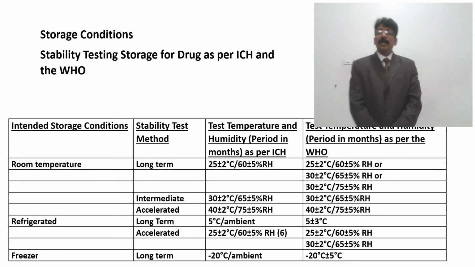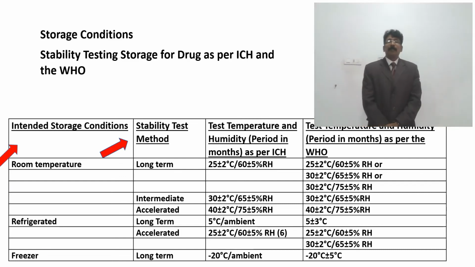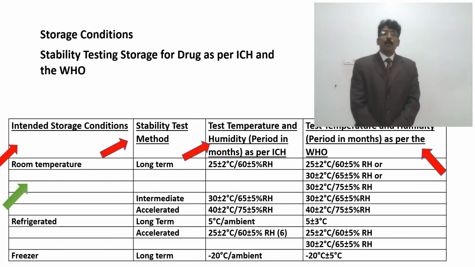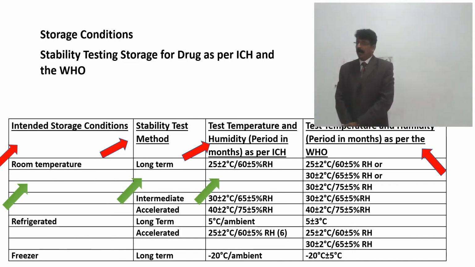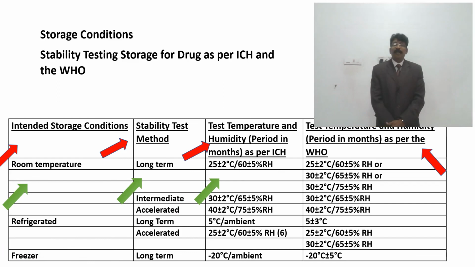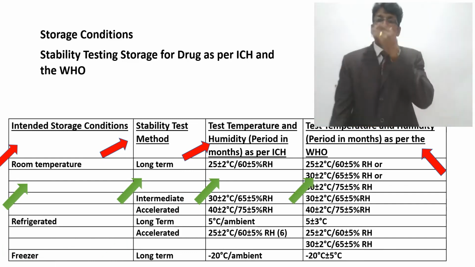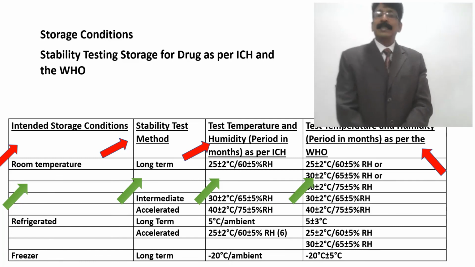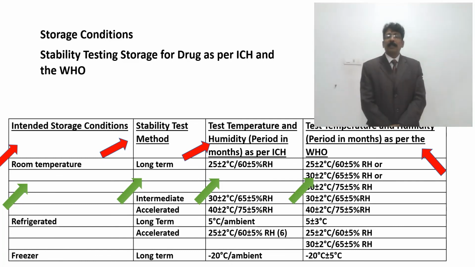As per the WHO, you can see here the stability test and also the 4 columns I have made. Room temperature, long term, and 25 degrees for ICH, they used to say 25 degrees and 60 percent relative humidity, but in WHO 25, 60 and also 30, 65 and even 30 and 75 can also be performed.